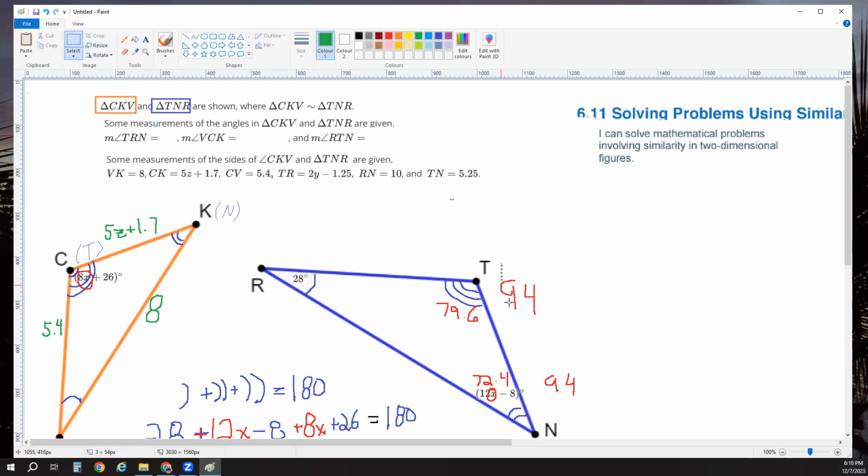Let me get rid of this data that is incorrect here. Now we're gonna say that TR is 2y minus 1.25, and then RN is 10. TN is 5.25.